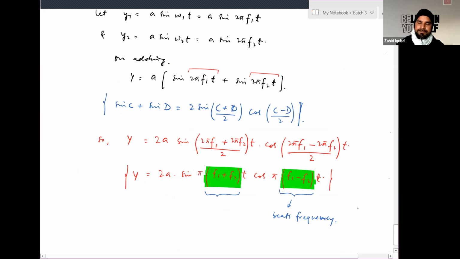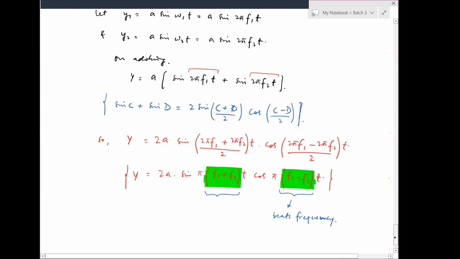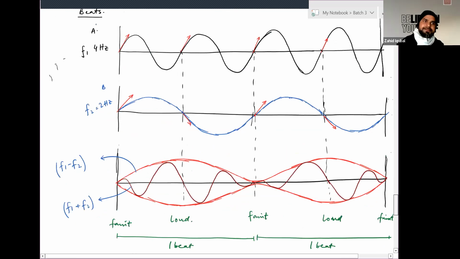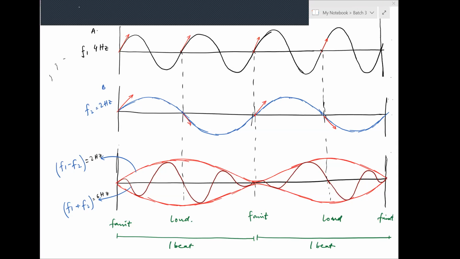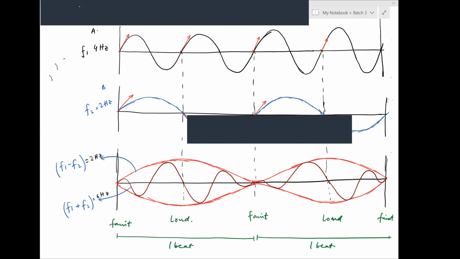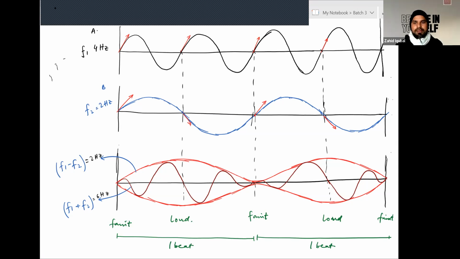Riba, is it clear? Yes, sir. Just draw this. Done, sir.